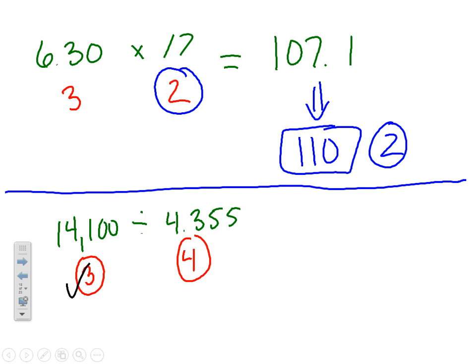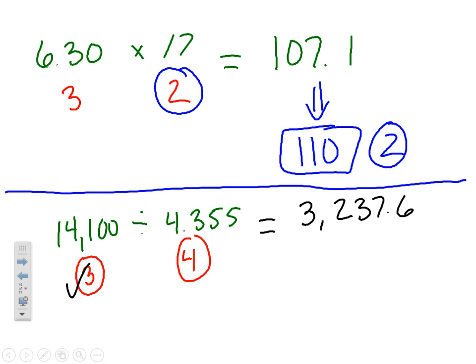So now our answer has to be in 3 significant figures. Again, we're going to go into the calculator and we're going to do 14,100 divided by 4.355. The number it gives us is 3,237.6. But our answer needs to be in 3 significant figures.